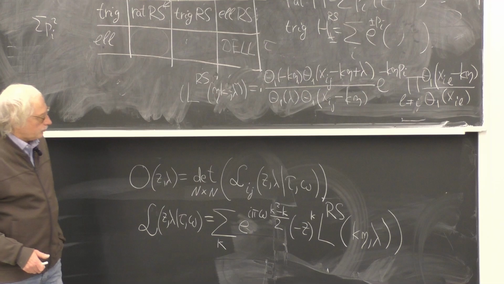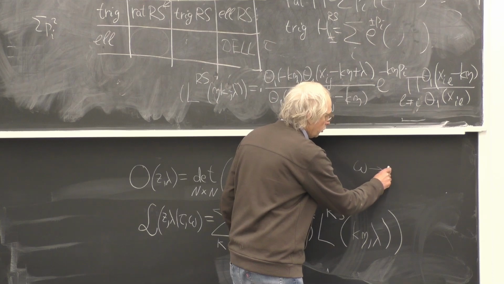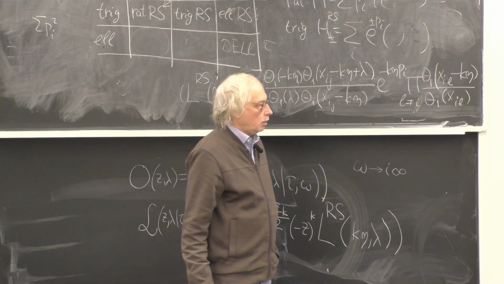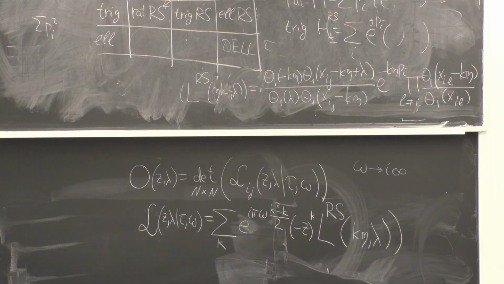It can be shown that when omega tends to infinity, this construction gives the elliptic Ruijsenaars-Schneider model.